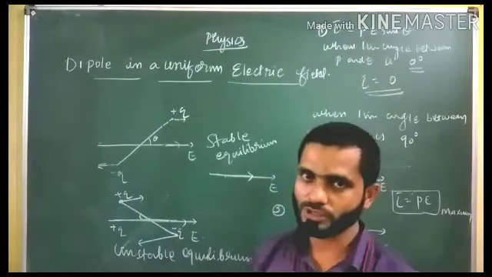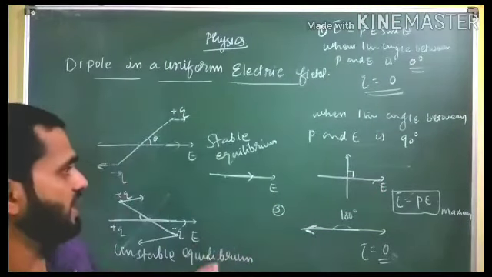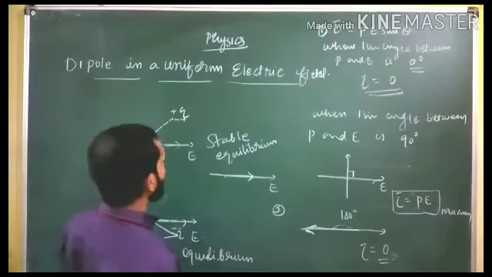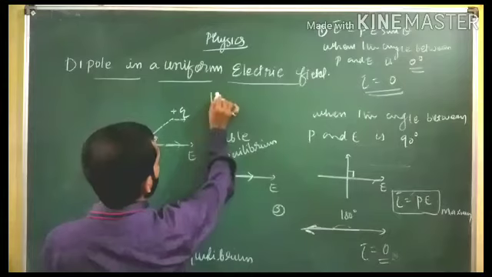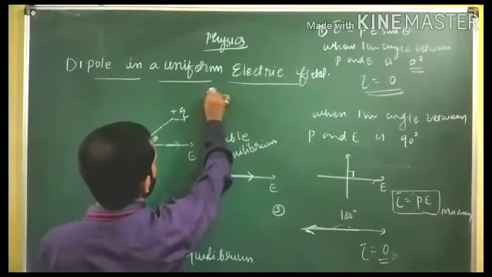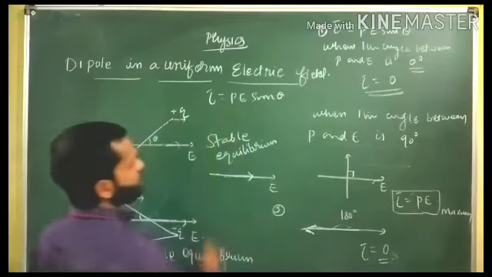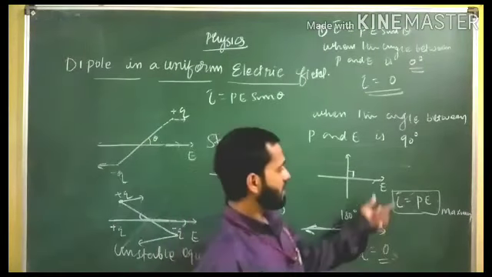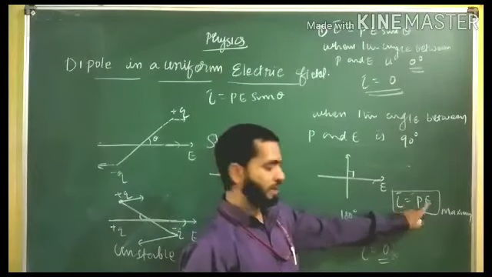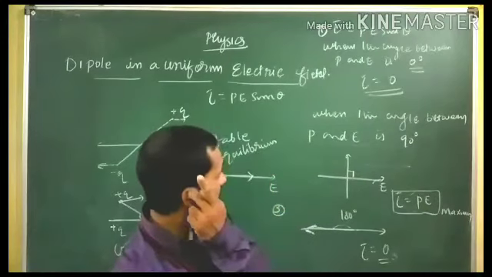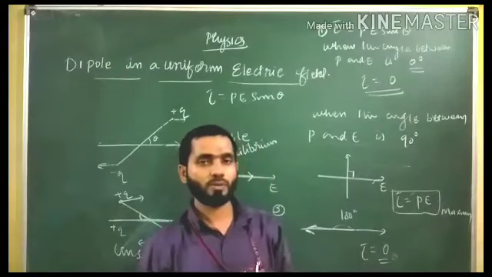So this is what we call the unstable equilibrium, and that is the stable equilibrium. Once again, students, torque will be equal to PE sin theta. This is the torque acting on a dipole in an external electric field. This torque will be maximum when the electric field and the dipole are at 90 degree, and it will be minimum when it is at 0 degree or at 180 degree.